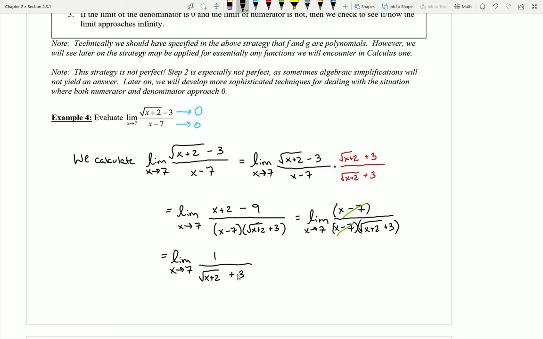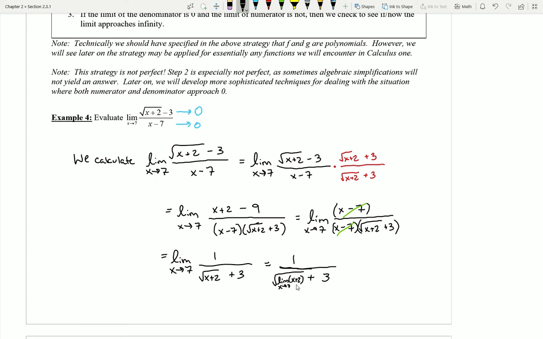Well, now notice I can actually use my limit laws very successfully. I can do the limit of the top and the limit of the bottom individually. If I do the limit of the top, I just get 1. If I do the limit of the bottom, notice I can separate the limit across the plus sign. I can do the limit of the square root and the limit of the 3. The limit of the 3 is just 3, and when I do the limit of the square root, remember that I can rewrite that as the limit of the inside of the square root and then square root after.